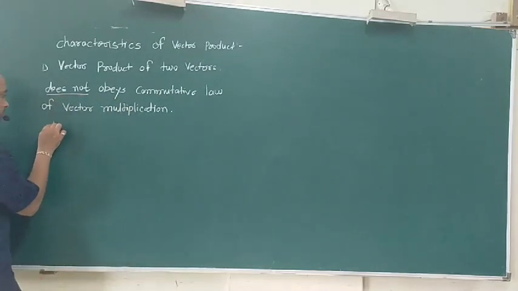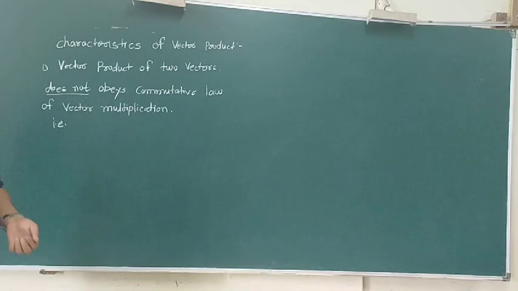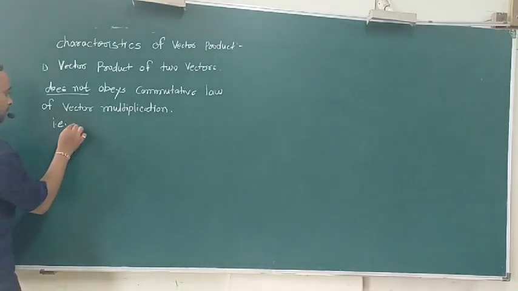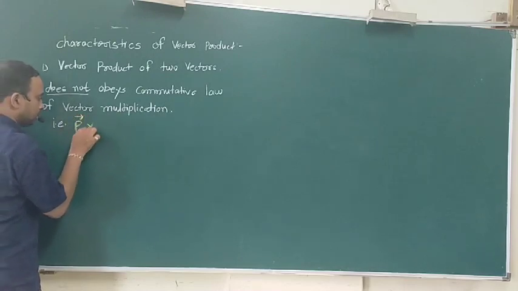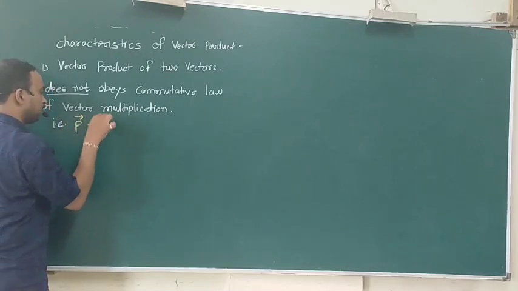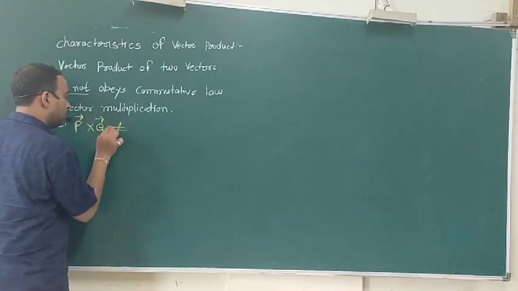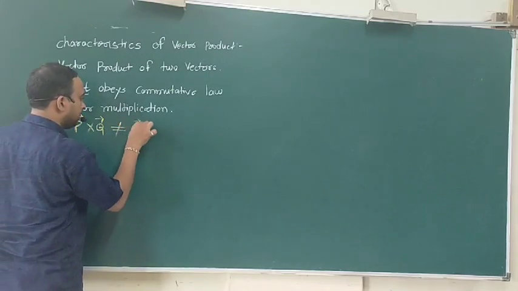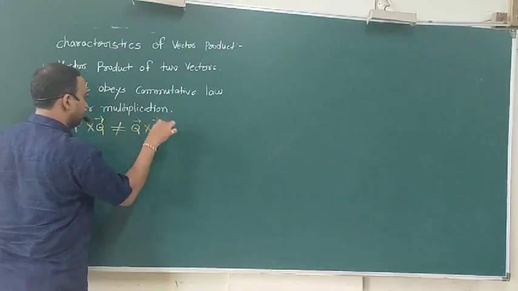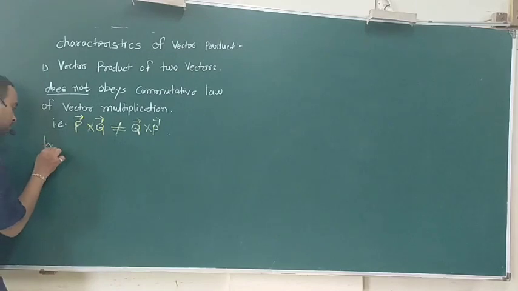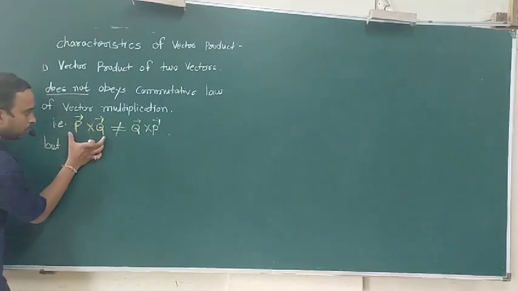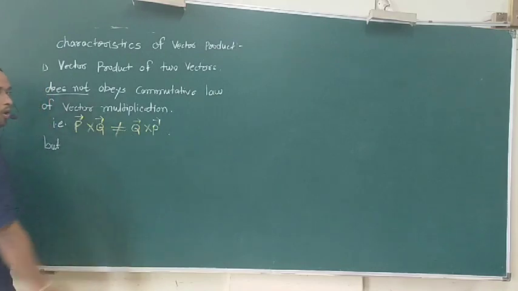That means we can write p bar cross q bar is not equal to q bar cross p bar. It does not obey the commutative law, but the magnitude of this is equal to the magnitude of this.